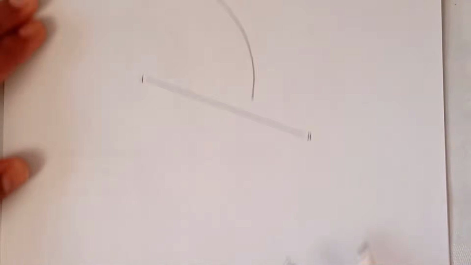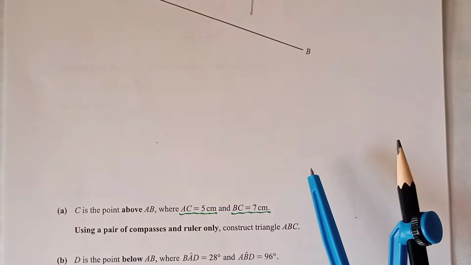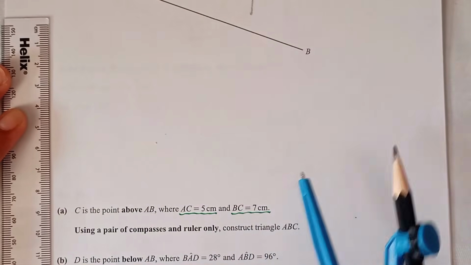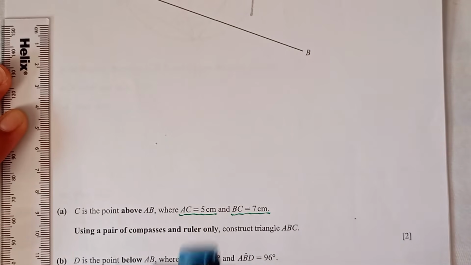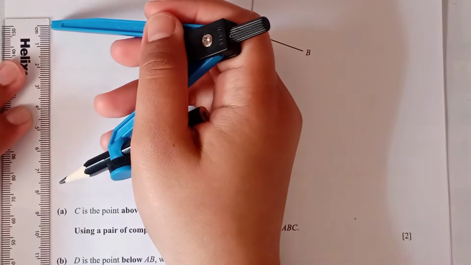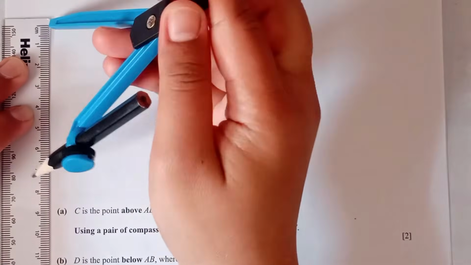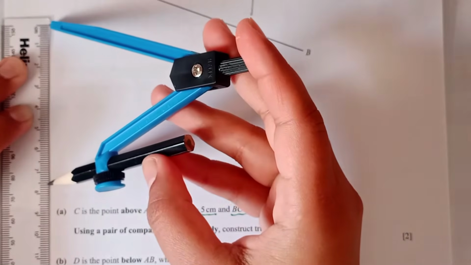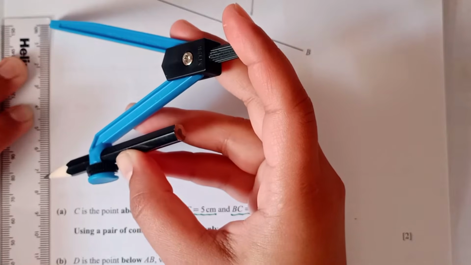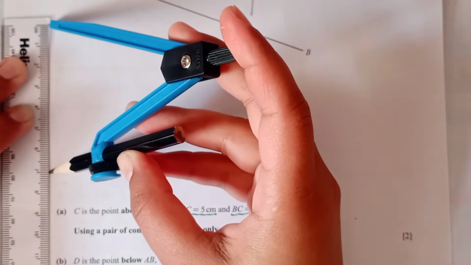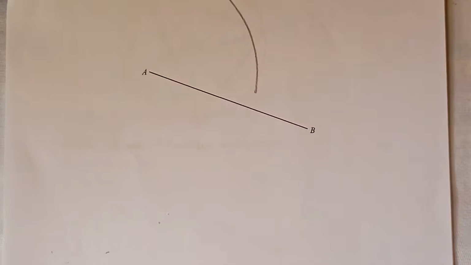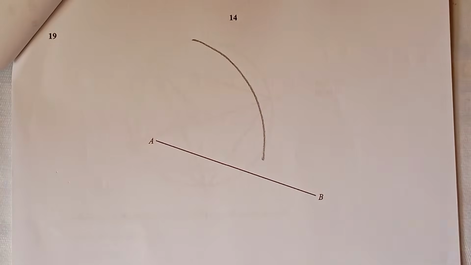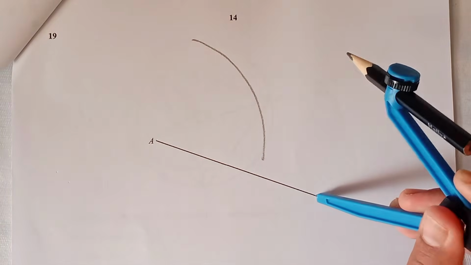Right, and now BC is 7, so now let me open it to 7 centimeter. So we have, this is 7.5. Yes, this is exactly 7 centimeter, as you can see. So put it on B and draw an arc of 7 centimeter.